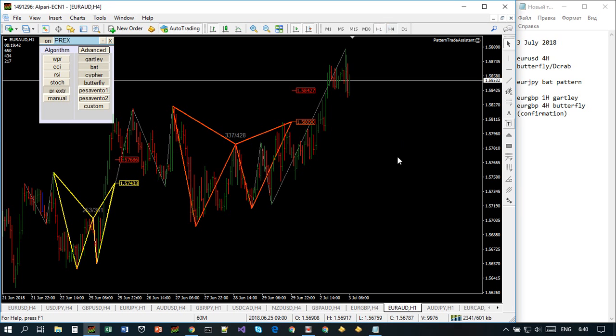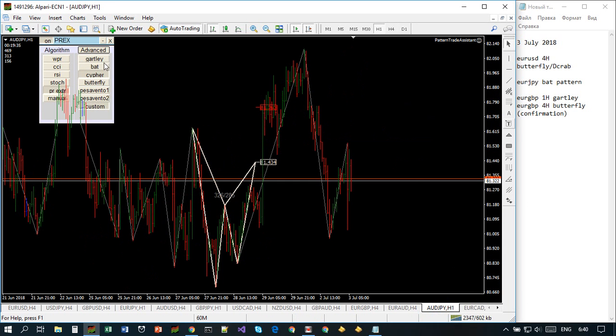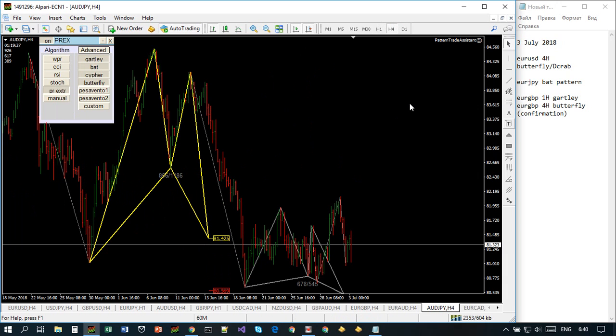Euro Aussie 1 hour and 4 hour. 4 hour was analyzed already. Aussie yen. So harmonic approach on 1 hour and advanced approach, nothing. Let's go 4 hour. Advanced approach and harmonic approach is nothing. Okay.